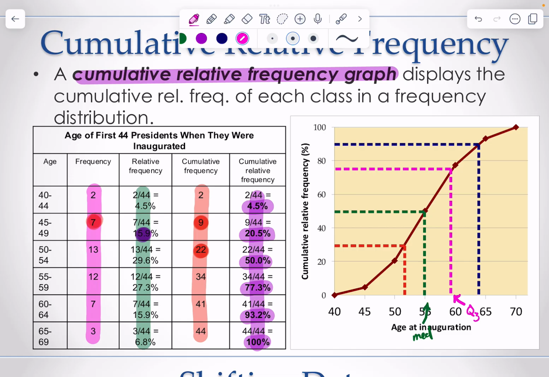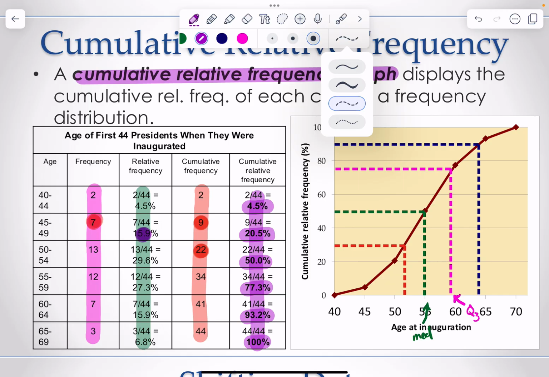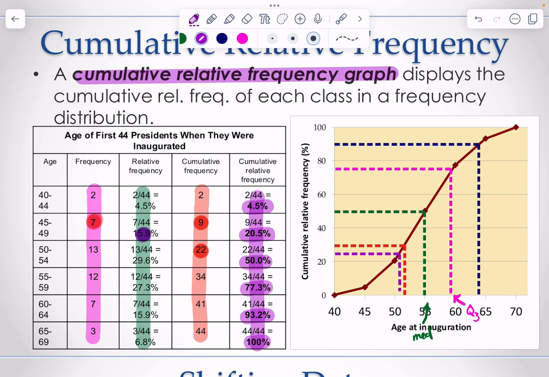Or for my quartile 1, which would be the 25th percentile, so I go to about 25%, trace across to my graph, and then trace straight down, and we find that that quartile 1 would be approximated by about 51 years of age.